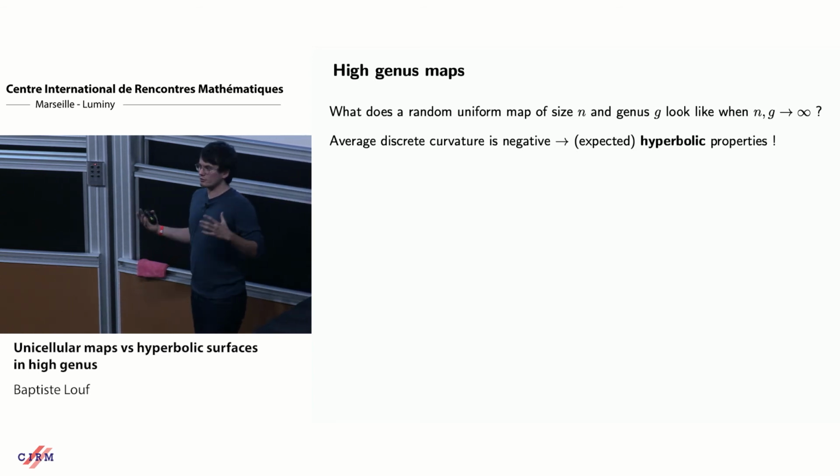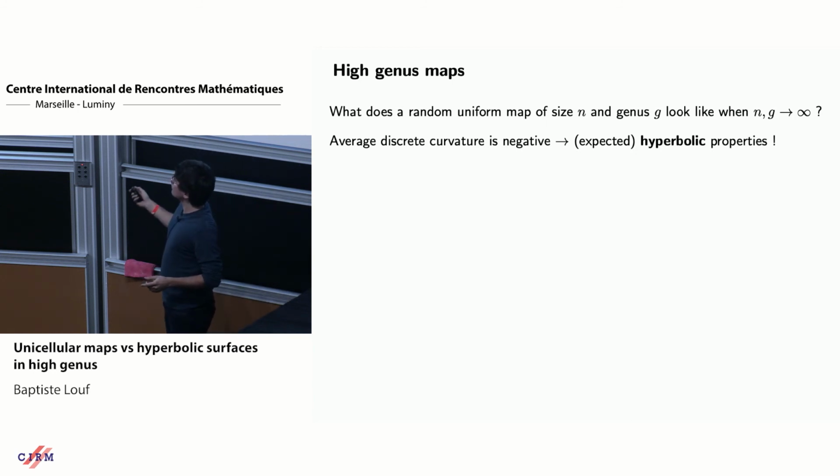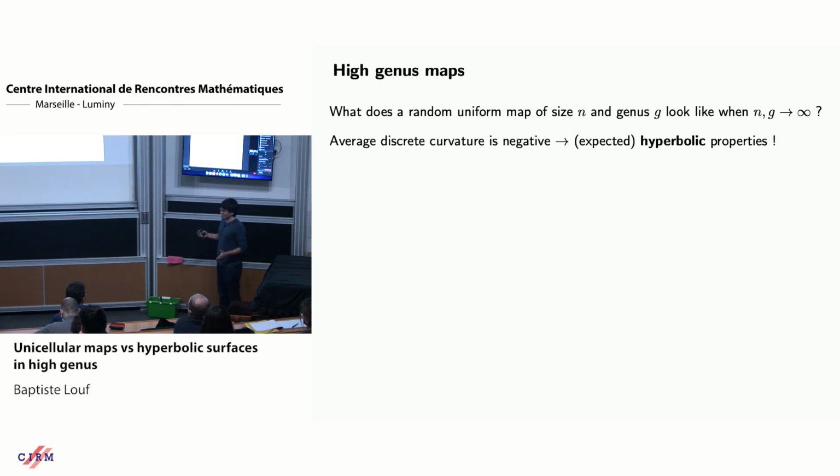But for most of the results on random maps, the size goes to infinity, but the topology, so the genus, stays fixed to 0 or sometimes to a fixed genus. For me, I want to see what a random uniform map looks like when both the size and the genus go to infinity. This is not very well defined, but I'm not going to do quantifiers on the rate of going to infinity, because I'm going to describe it more precisely only for my model of today.